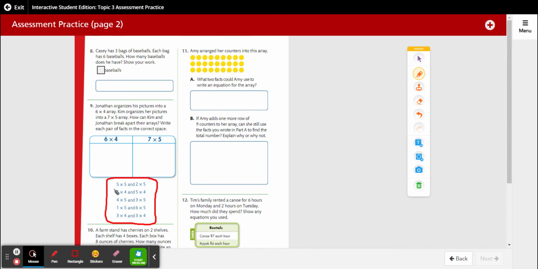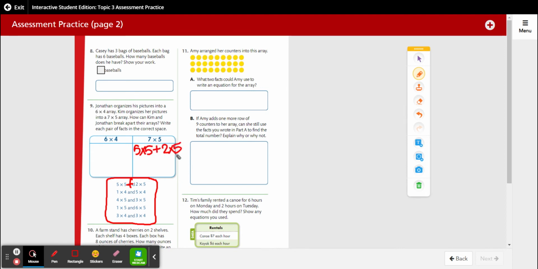So the first one, 5 times 5 and 2 times 5. Just like in part 1 or page 1, you should think of the and as a plus sign. So if you think of 5 times 5 plus 2 times 5, well, that fact would go here under 7 times 5.